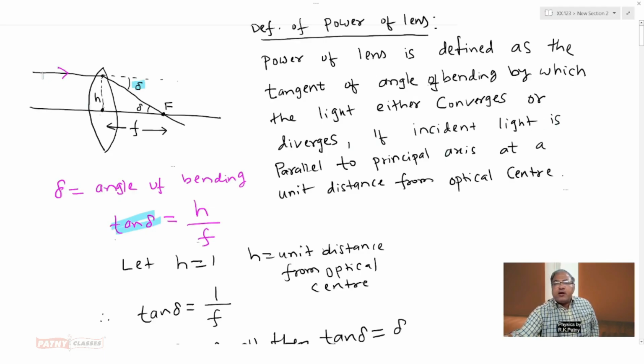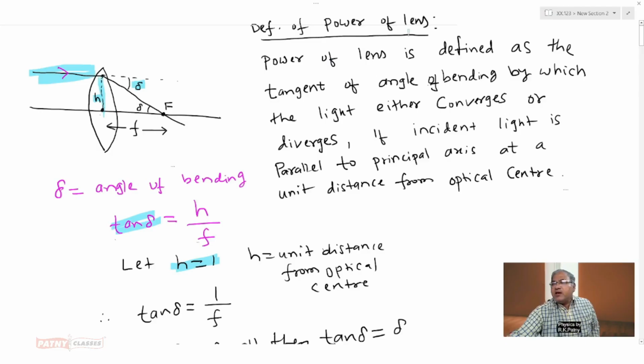The important condition is that the incident light must be parallel to the principal axis, at a unit distance from the optical center, that is the h value. The h value equals 1, the parallel distance of the incident light from the optical center. So this distance is equal to 1.